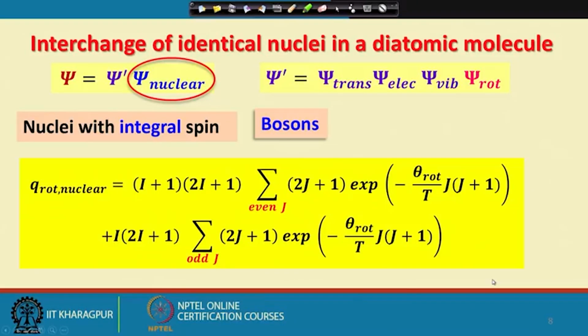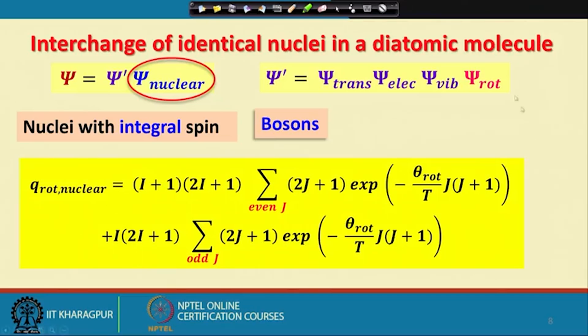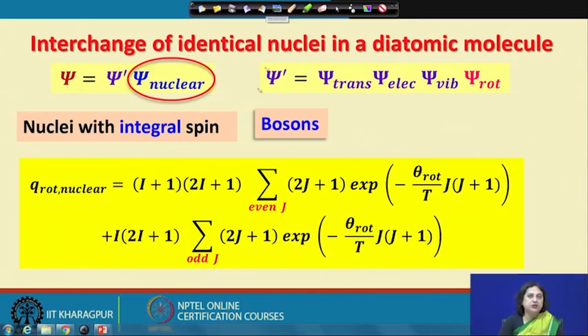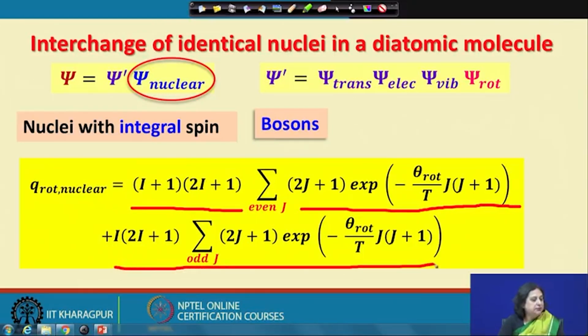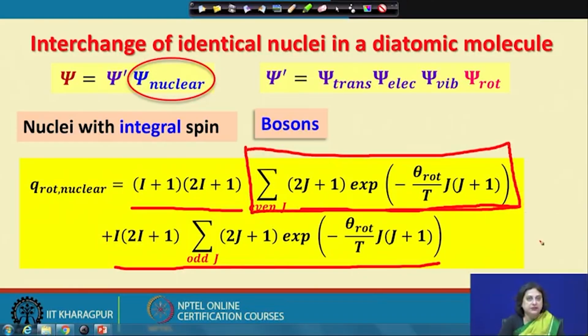Then I can write that the contribution from the rotational and the nuclear parts, which are going to contribute to the overall symmetry dependence of psi, is given by the sum of these two terms. This is the first term that appears, and this is the second term that appears. Now, by now you must be familiar with this kind of a term. When summed over all possible values of j, that gives you Q rot.